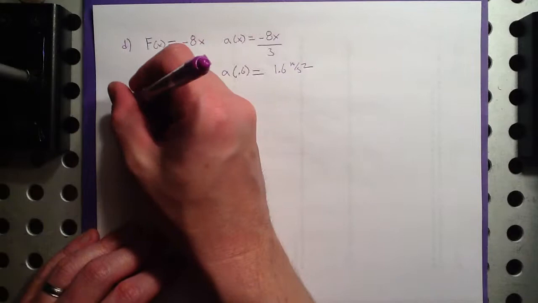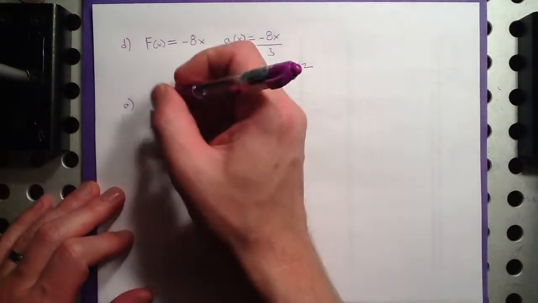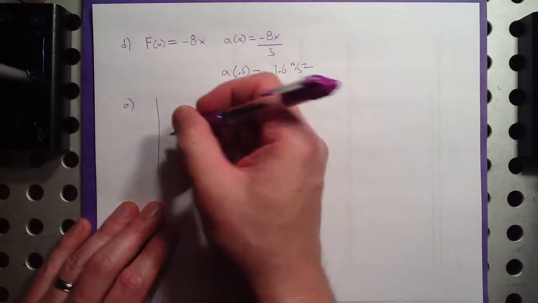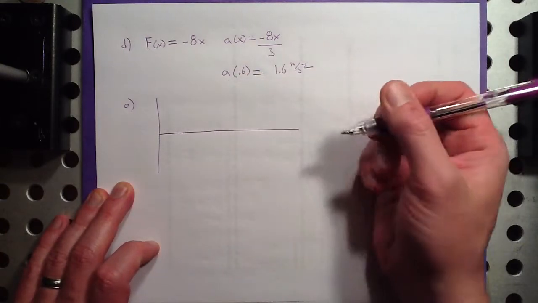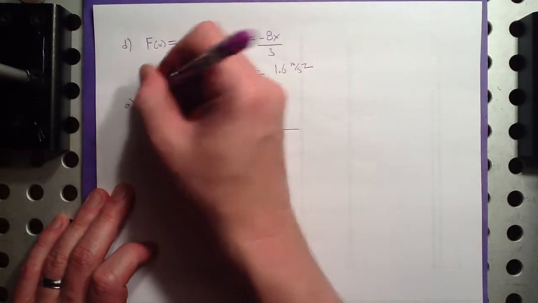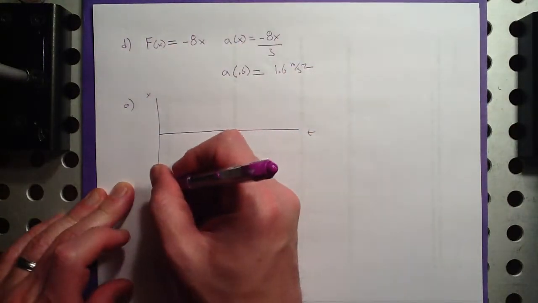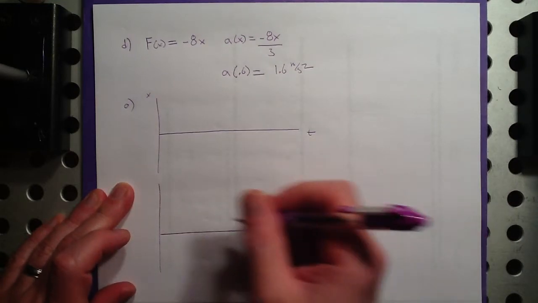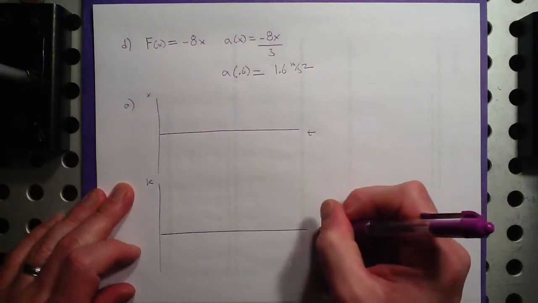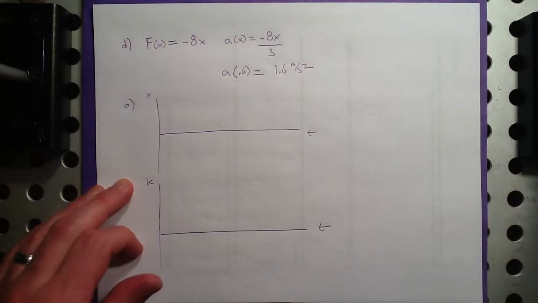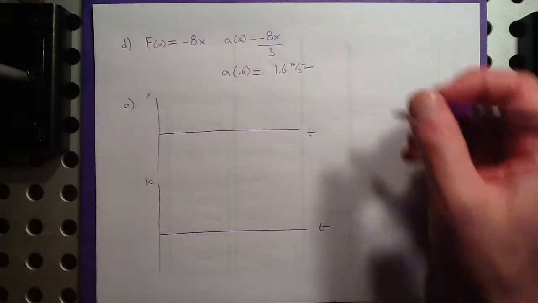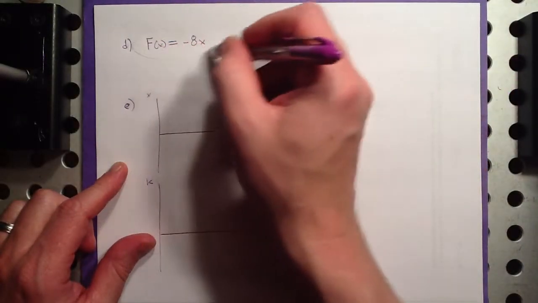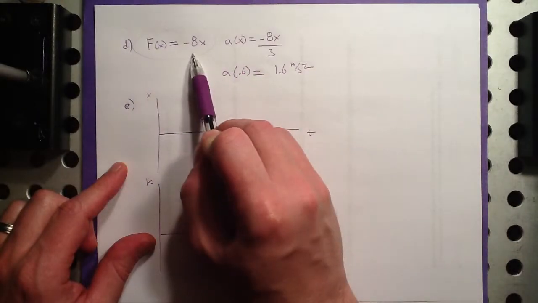Okay, now part E, they want a couple of graphs. They want a graph of position versus time and kinetic energy versus time. And this is really where it pays off a lot to have realized that we're talking about a spring situation here.